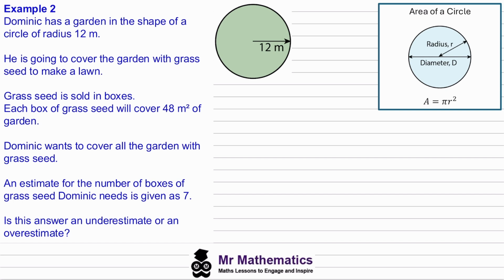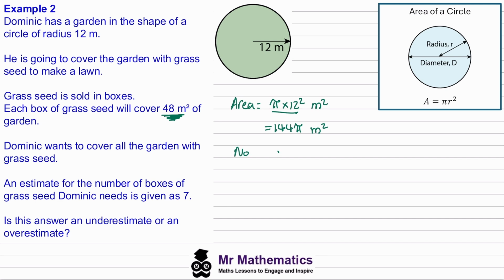So if we begin with the area, this will be pi times the radius squared. And we're looking at meters squared. So this will be 144 pi. And now each box will cover 48 meters squared. So we need to divide this by 48.